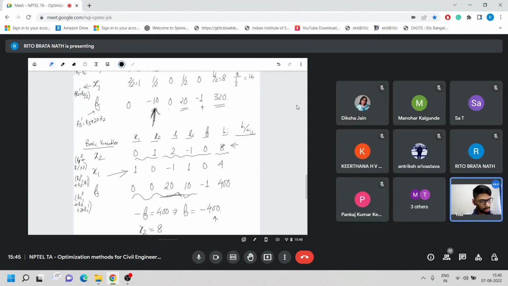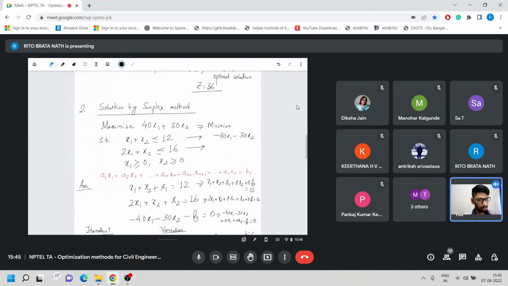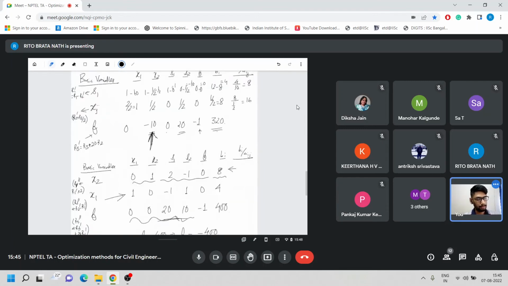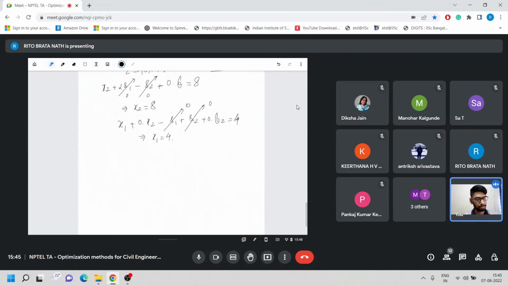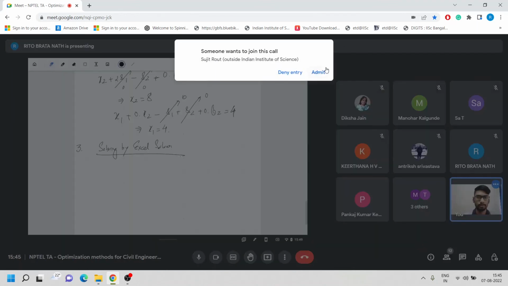So I wanted to cover one more topic, but hopefully you have already seen that, how to solve it by Excel. Does anyone have any doubt related to that? You can directly ask me. Otherwise, I'll just quickly show you if time permits. Does anyone have any doubt how to solve this in Excel, or I'll just quickly show it in 2-3 minutes?